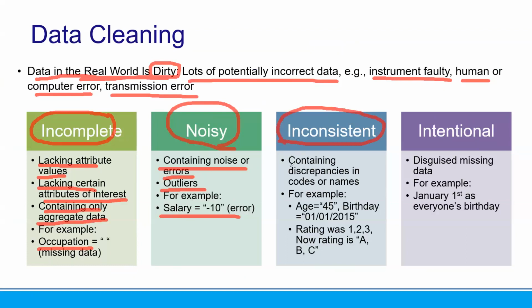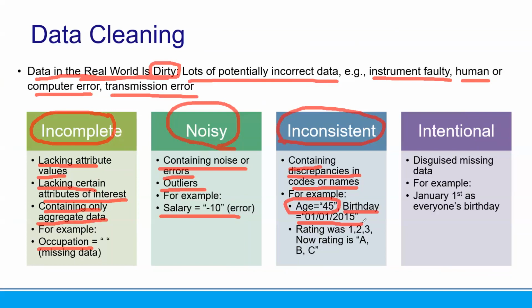Inconsistent, containing discrepancies in codes or names. For example, in column 8, the age is 45, but the birthday is January 1st, 2015. Is it right? If someone has a birthday in 2015, and let's say today is 2022, then this year he or she will be 7 years old. But the age is 45.